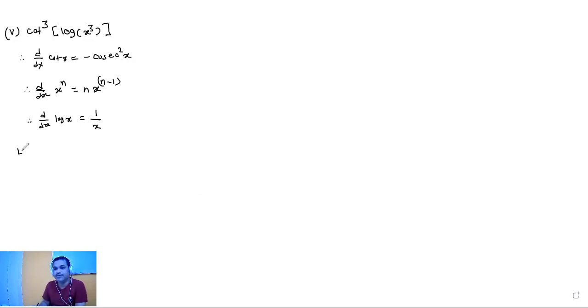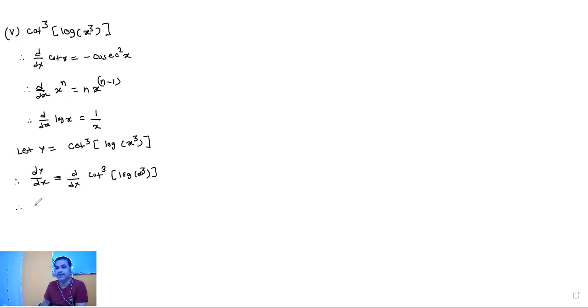We'll consider let y is equal to cot cube log of x cube. So we need to find out dy by dx, that is derivative of it. And for derivative of the function y, we can write d by dx of the given function, cot of log of x cube, bracket complete.